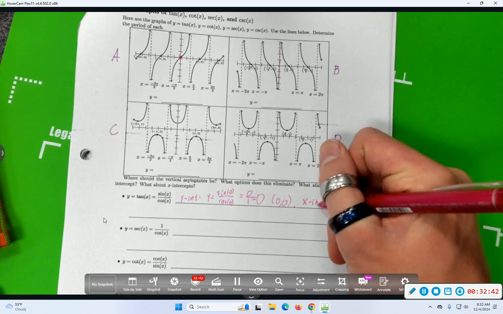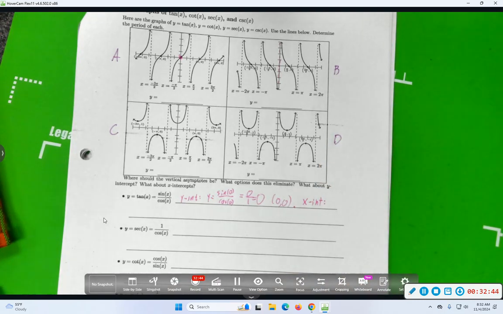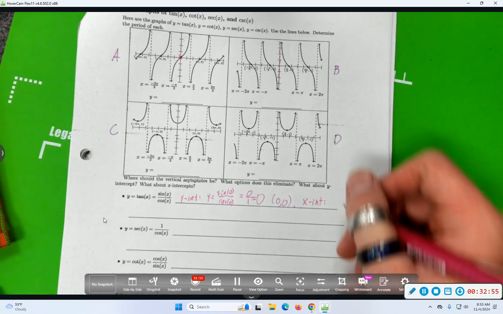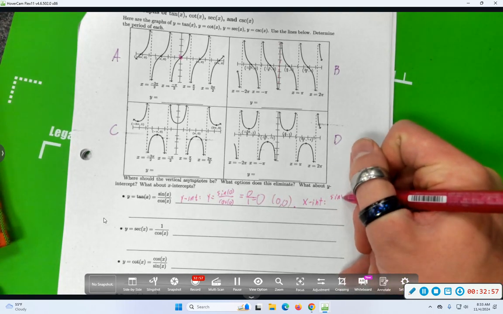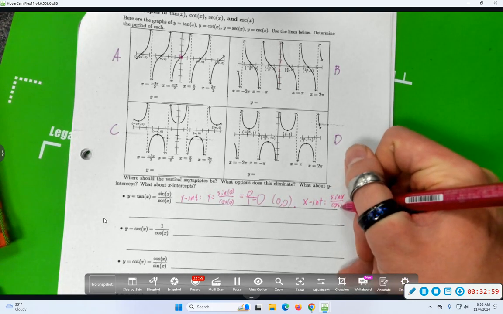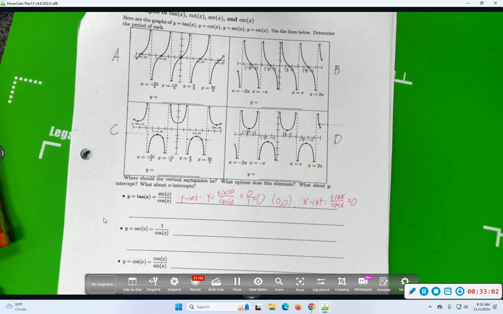X-intercepts. I guess this is the opposite order than I gave instructions to find them. How do you find the x-intercepts of a function? Plug in 0 for y. So that means sine x over cosine x equals 0 is what I need.